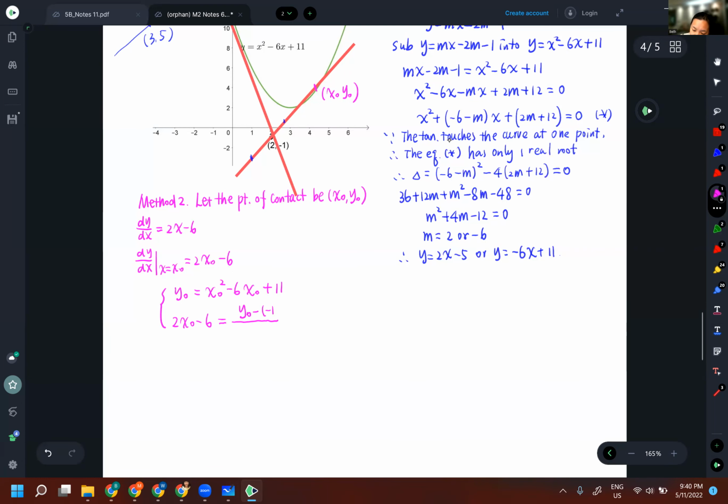y0 minus -1 over x0 minus 2. You see, it's like everywhere. In these two equations, I used everything I know about this curve. First equation, explained already. Second equation, look. On the left, the value of the derivative. On the right is the definition of slope.